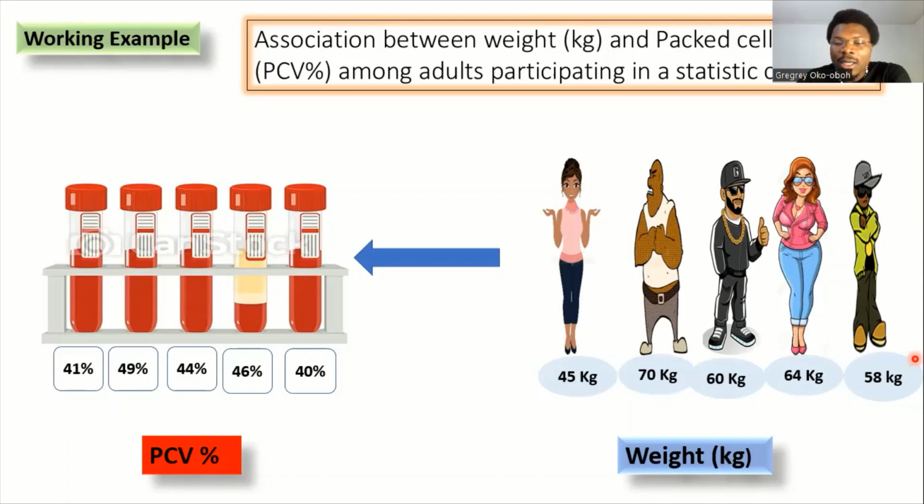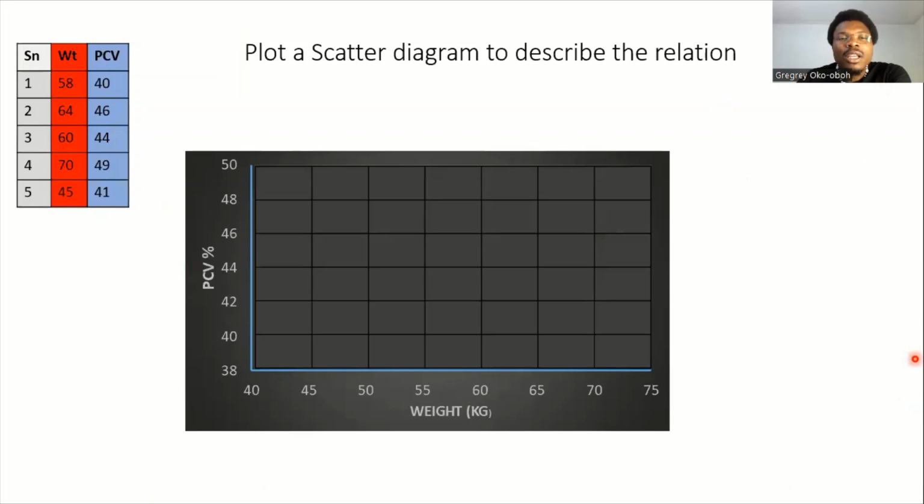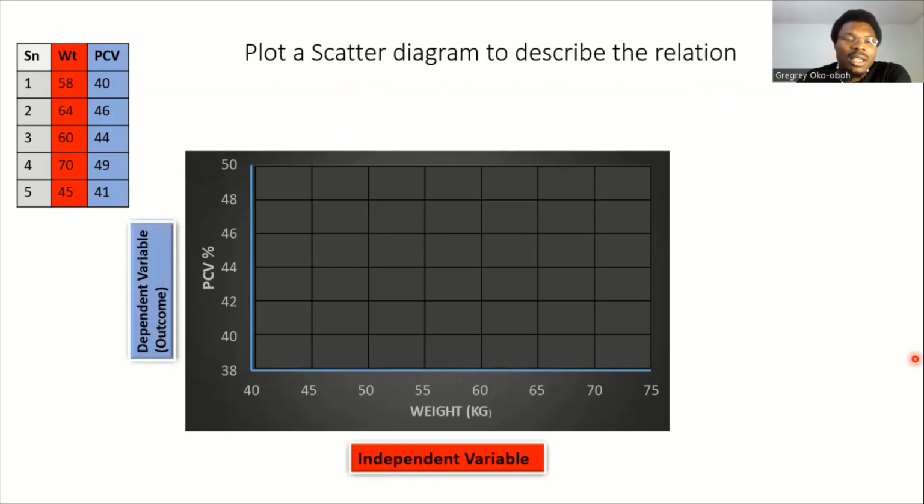Having measured both the weight and the PCV, the next step for us is to plot these values using a scatter diagram. This will help us to describe the relationship between weight and PCV. In the scatter diagram, weight is the independent variable and plotted on the x-axis, and PCV is the dependent variable or the outcome, and is plotted on the y-axis.